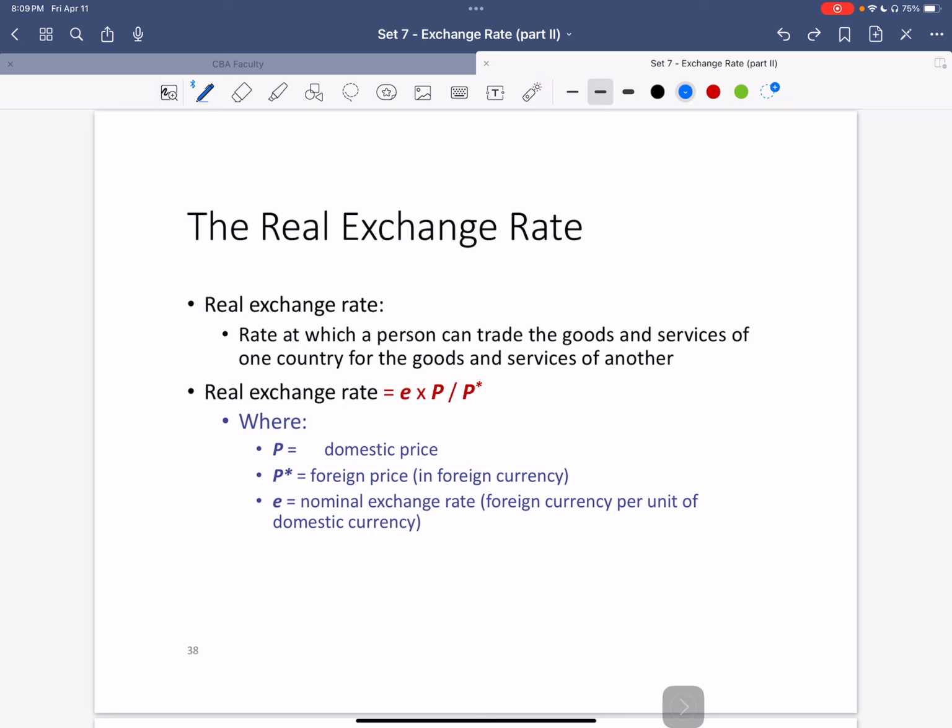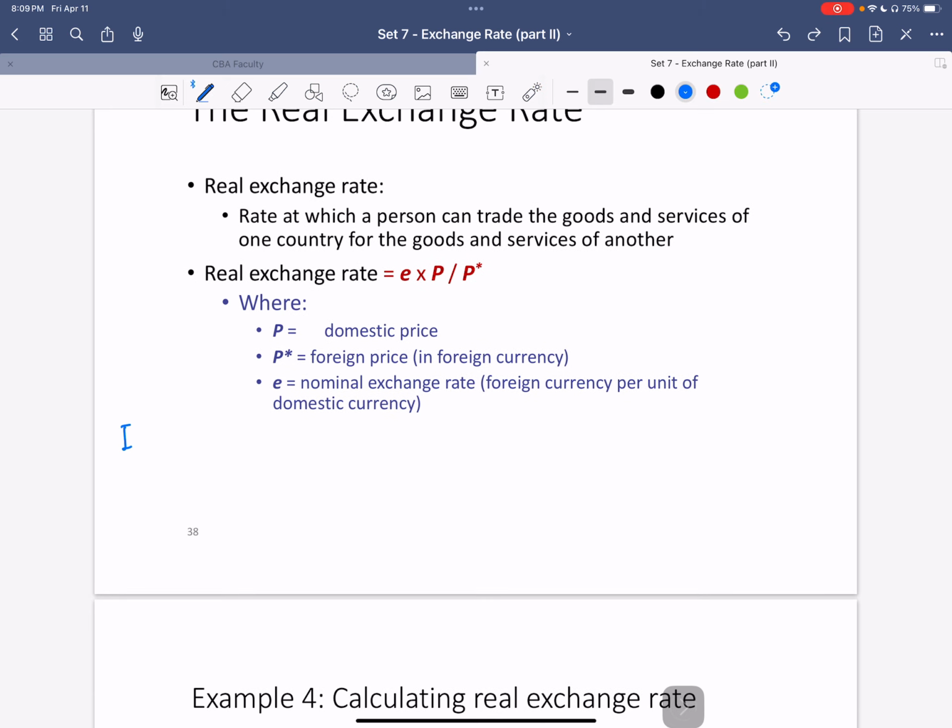If the real exchange rate is greater than 1, it means that domestic goods are more expensive relative to foreign goods.